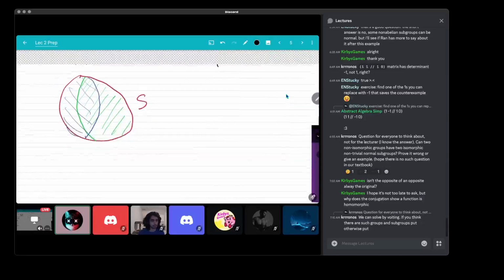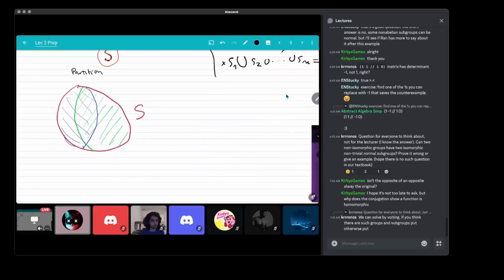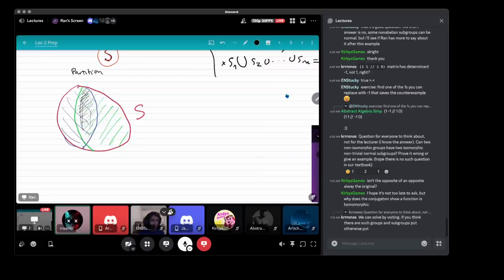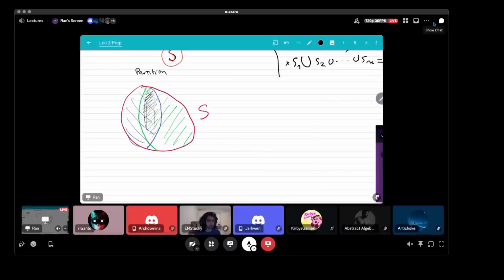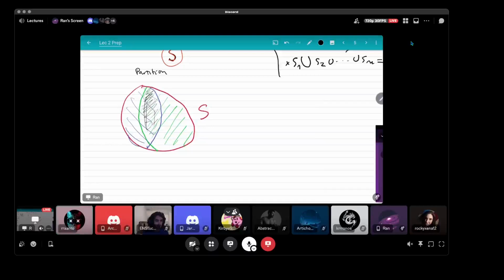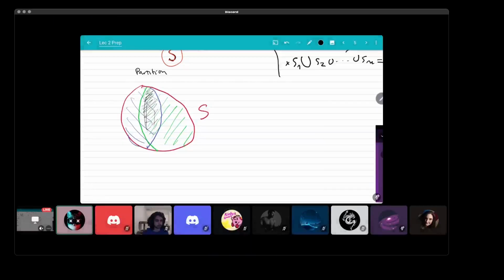Well, this is not a partition because they are overlapping. This is the overlap area, and why that matters is it doesn't make sense to classify something and have the classifications overlapping.